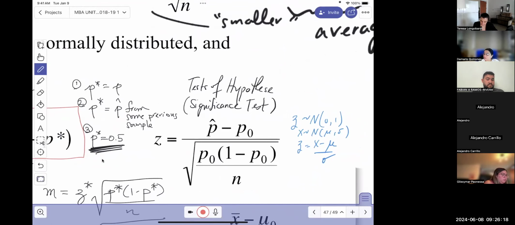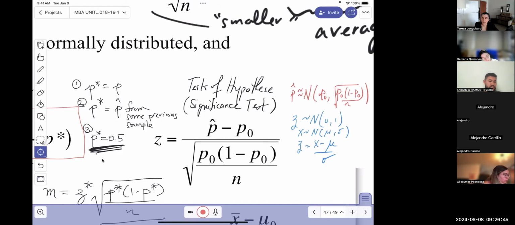What I'm doing is saying that p hat is approximately normal with a mean of p0 and a standard deviation of square root of p0(1 minus p0) over n. What is p0? P0 is a hypothesized value for p.